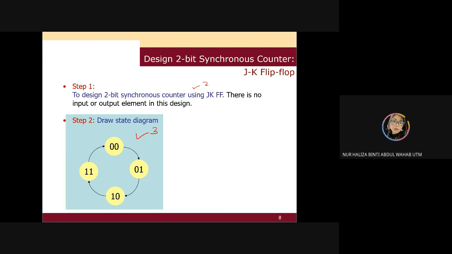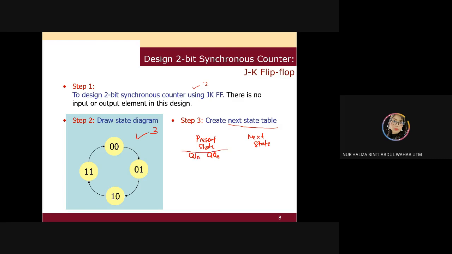Step number 3, what you need to do is draw the next state table. How does the next state table look? You're going to have the present state and also your next state. It will be 2 bits now. You have Q1, Q0 present.